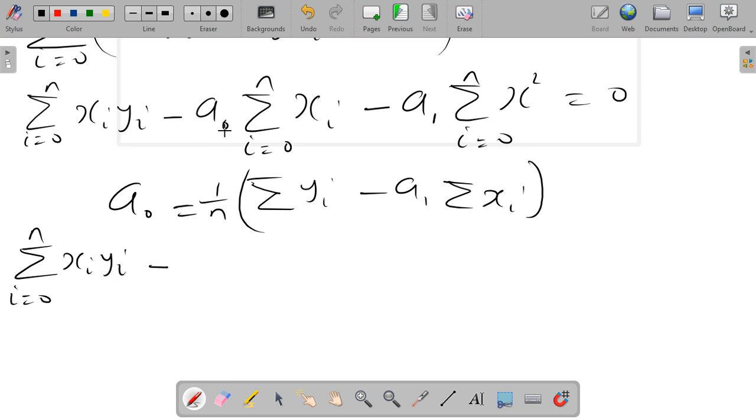So instead of putting this a naught, we are putting everything here. So let's open the bracket. It's going to be minus 1 over n, the summation of xi as i starts from 0 to n, the summation of yi as i starts from 0 to n. That is combining this one and this one.